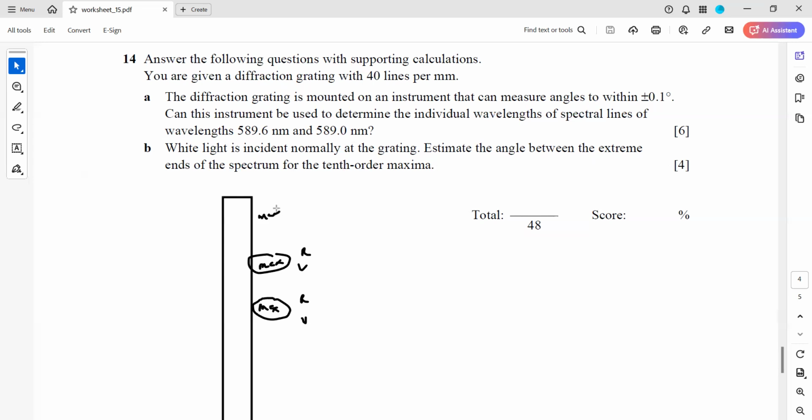Then we'll have a minima, then another maxima, which also has colors violet to red, and so on. Let's say this is the 10th order. From the central maxima, we find the angle of the 10th order violet, then the angle of the 10th order red, and we just take the difference of these two angles to know the angle between the 10th order violet and red. That is what the question states.